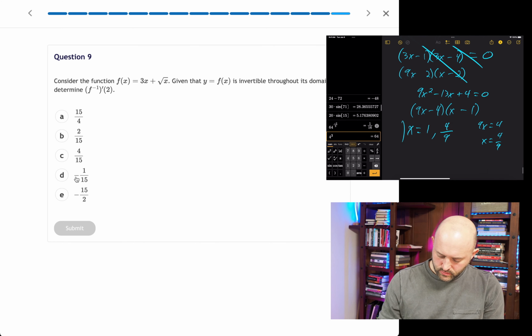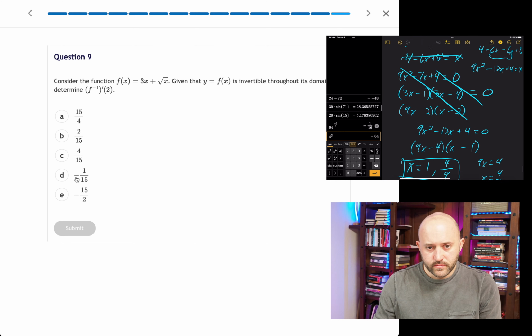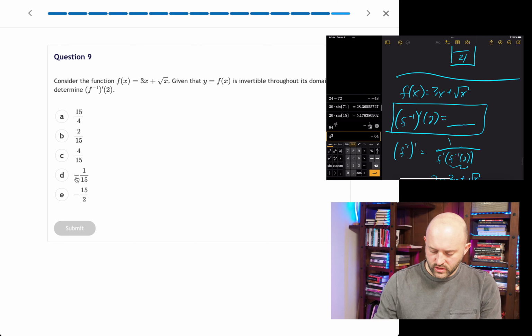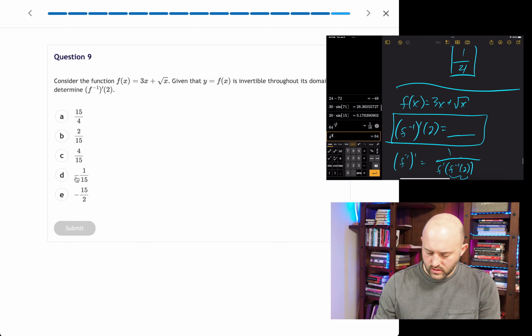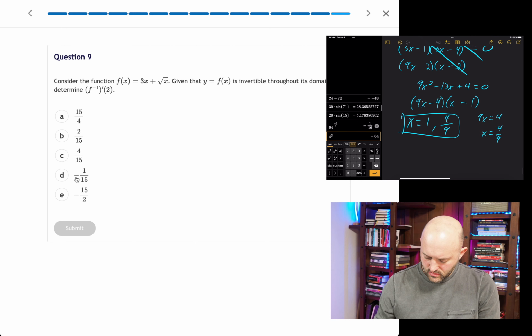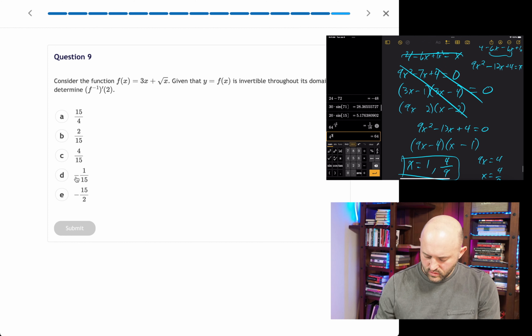Okay, so let's box this as a thing we can do. So there's two values that give us if it's invertible in this way. Is there a 3x plus square root of this thing? X equals 1 and 4/9.